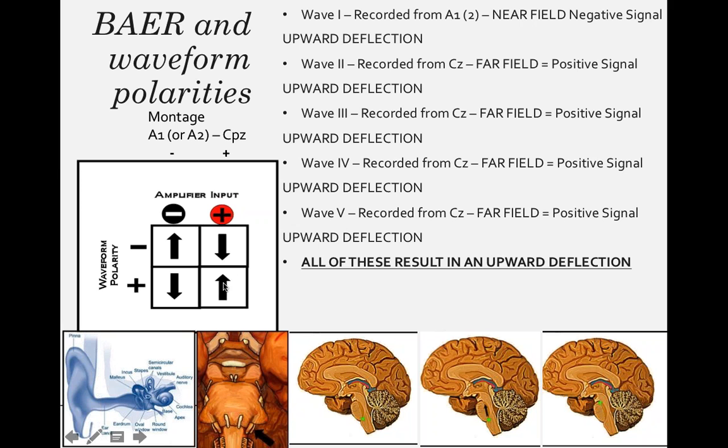So this is why waves 1 through 5 are all seen moving upward, because wave 1 is up here in this box. We've got the near field signal into the active electrode, and then the other 4 are the far field positive signal into the reference electrode. So we get vertex positive waveforms, even though they are being recorded in different manners.